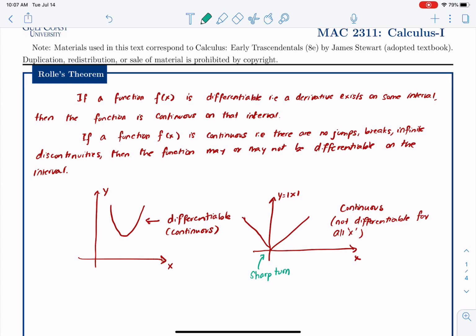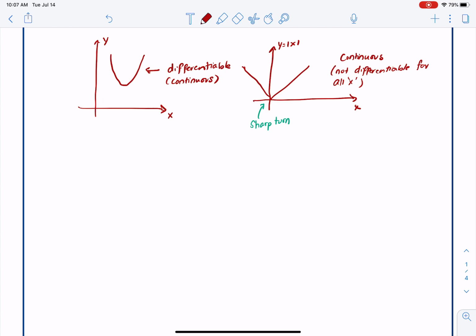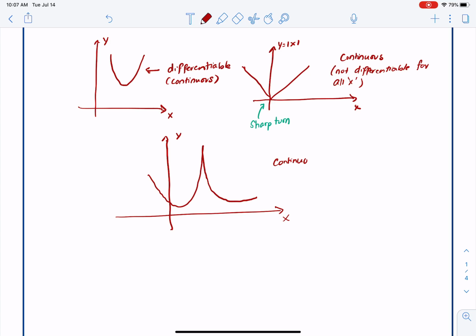In a similar manner, we could take a function of this sort. It certainly looks continuous. There are no breaks, but it is not differentiable for all x.